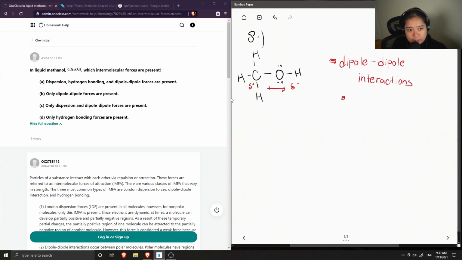And similarly, we can show how this oxygen-hydrogen bond will still contain a partially positive and a partially negative side.